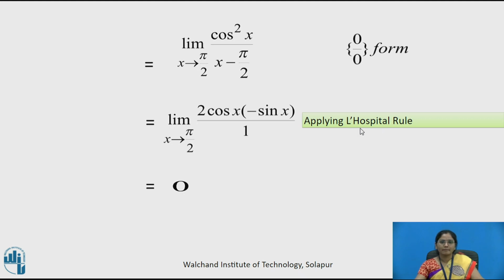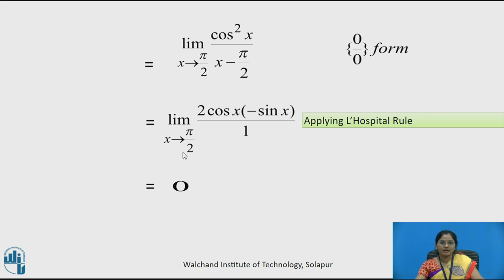So, by applying L'Hospital rule, limit x tends to pi by 2, the derivative of the numerator is 2 into cos x, and the derivative of cos x will be minus sin x, upon the derivative of the denominator. X derivative is 1.